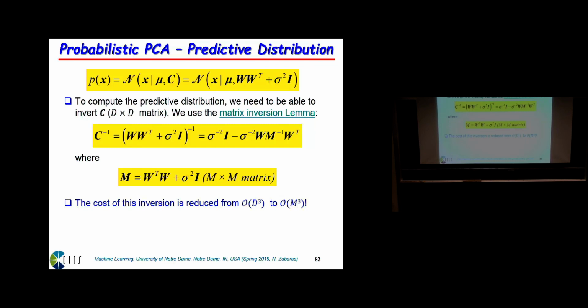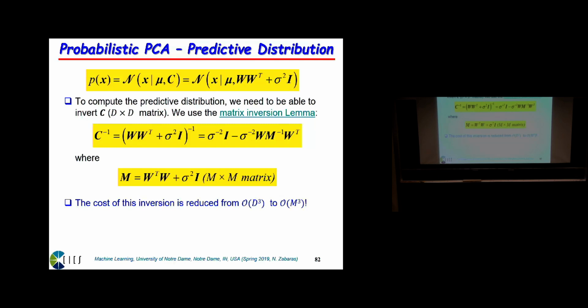And how do you take advantage of that? You remember in very early lectures I told you about the Woodbury Formula? So here is the Woodbury Formula in action. If you call this covariance matrix C, C inverse is WW transpose plus sigma squared I, inverted, you get this, where the only matrix that you need to invert is the matrix M, and M is W transpose W plus sigma squared I. Nice.